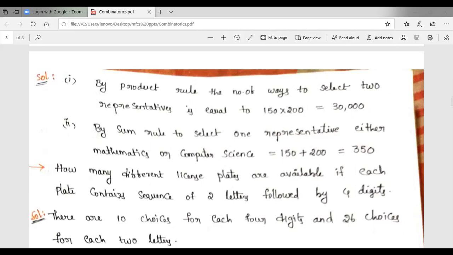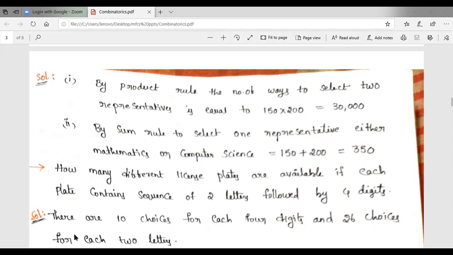Adding these, 2 plus 4, each plate has 6 values. In that, 2 are letters and 4 are digits.